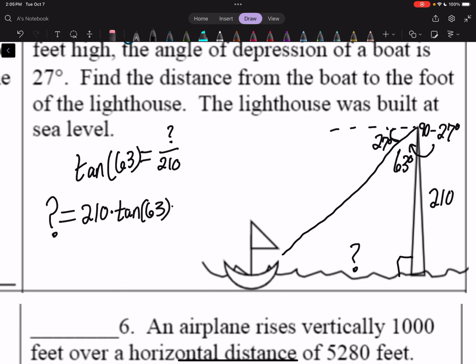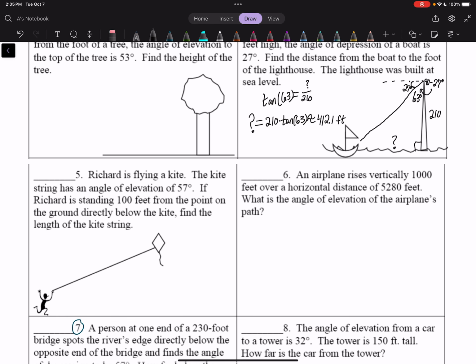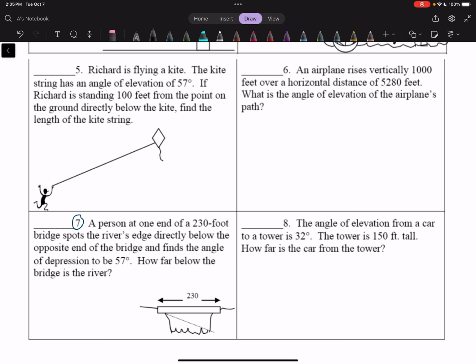When you type this in, you will get approximately 412.1. Make sure you include that unit, which is feet. Try these, and I'm going to look at number 7.